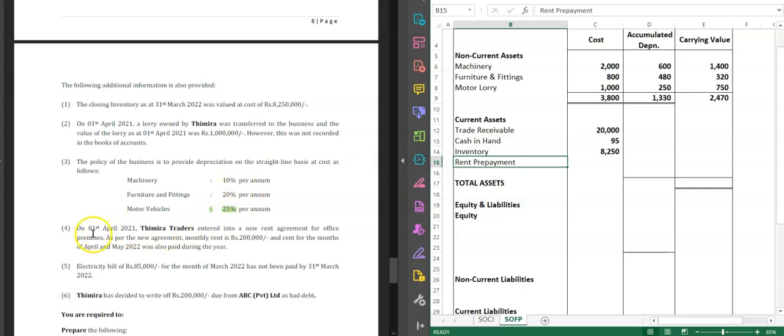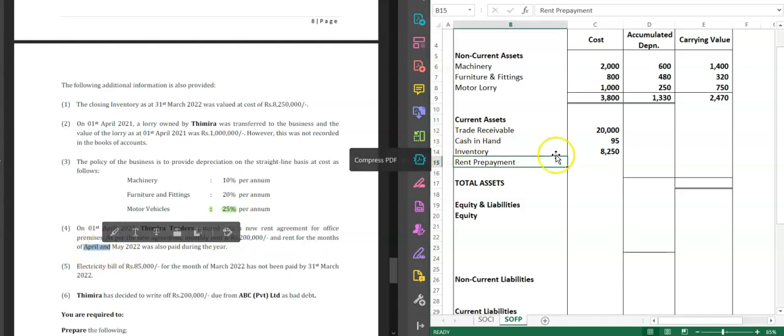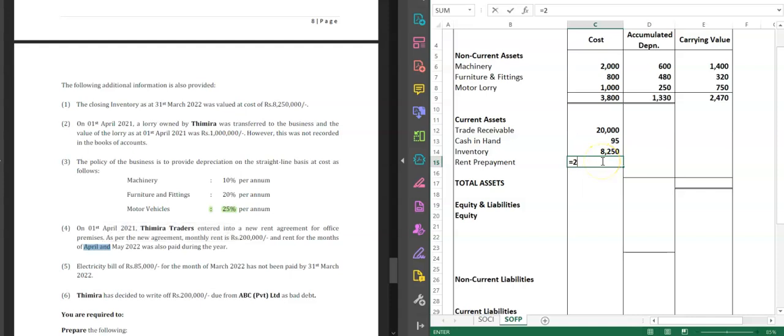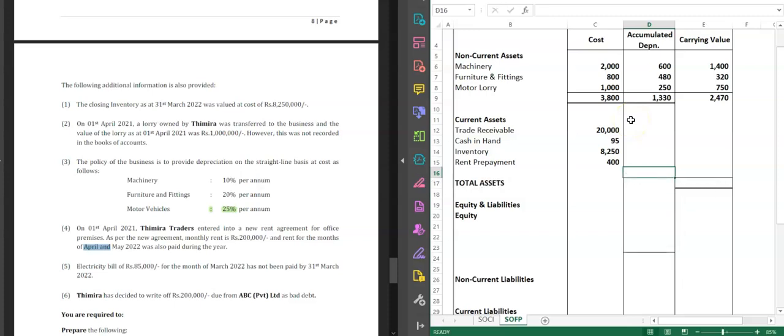It was 200 and was paid for the month of April and May. So we paid 200 for April and 200 for May. So prepayment is 400.